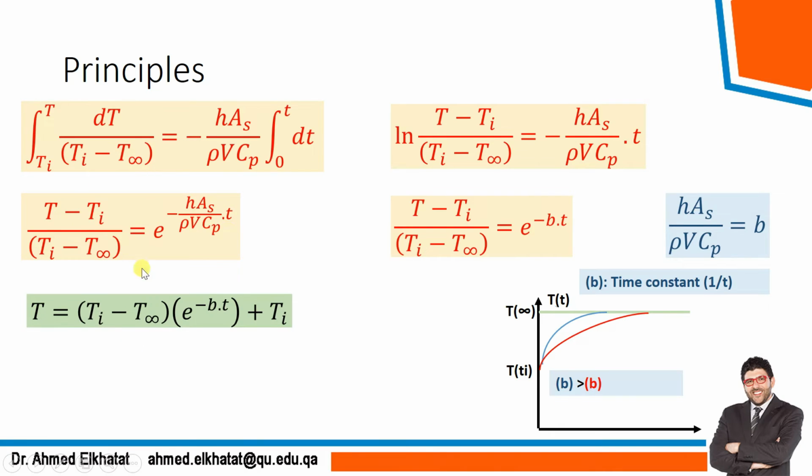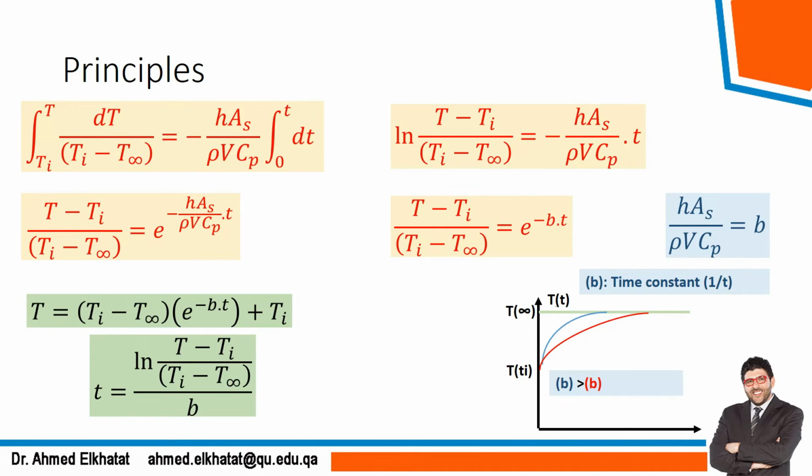The other equation, the ln one, I use to determine the time. For example, if you want to calculate the time required to reach a certain temperature, I can apply the second equation.